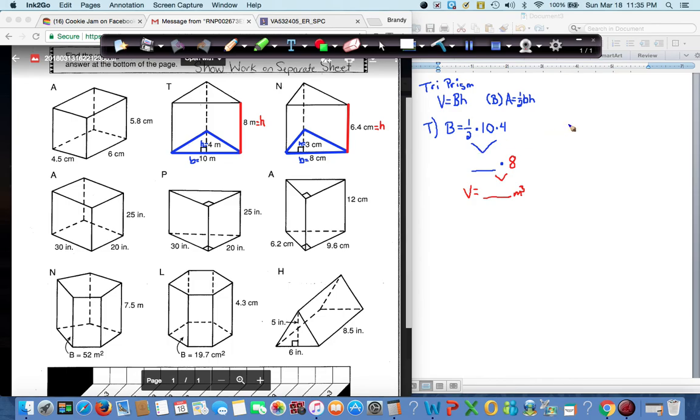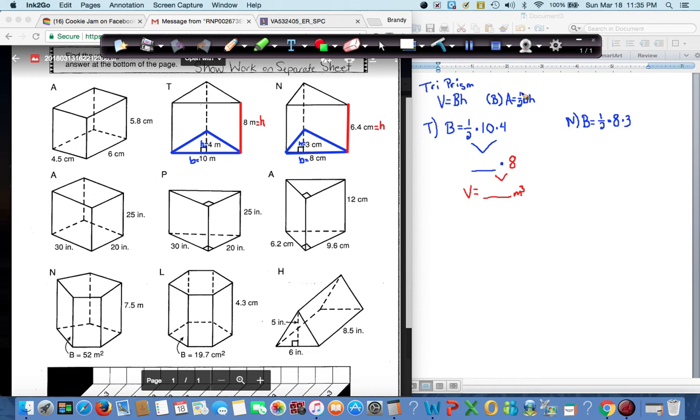So if I come over here, letter N, again we want to find big B first, and that's just the area of a triangle, which is 1/2 times base times height. So we're going to say 1/2 times 8, which is the base of the triangle, times 3, which is the height of the triangle.